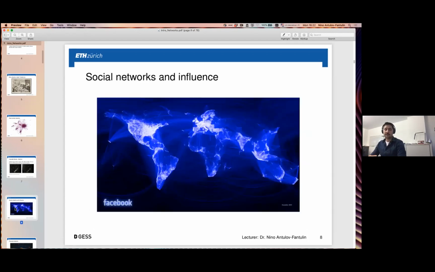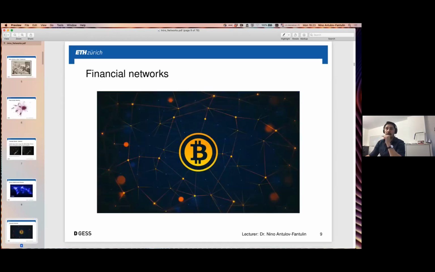I don't need to motivate anymore that social networks are also one of the examples of networks. Here you are seeing the mapped version of different edges between different users that are embedded based on their origin location. Also, you are aware, for example, that we have financial networks. We can be talking about a network of Bitcoin.